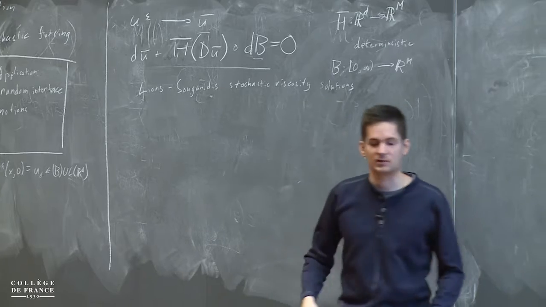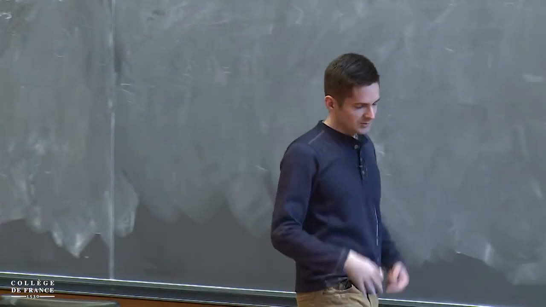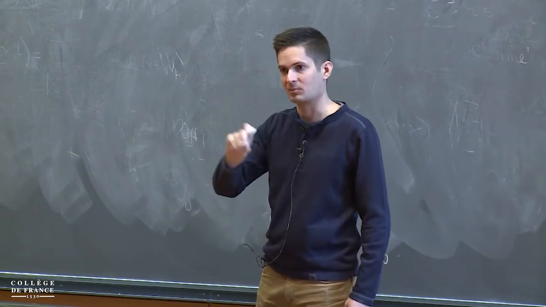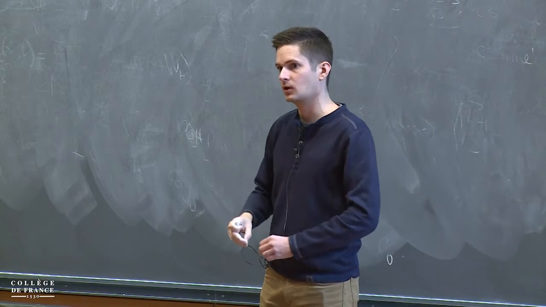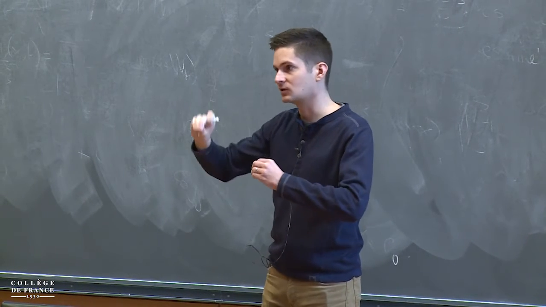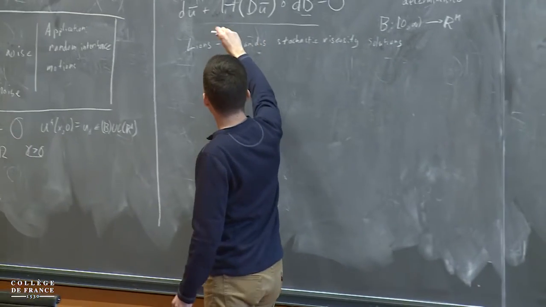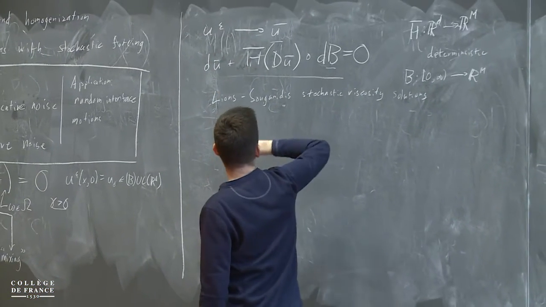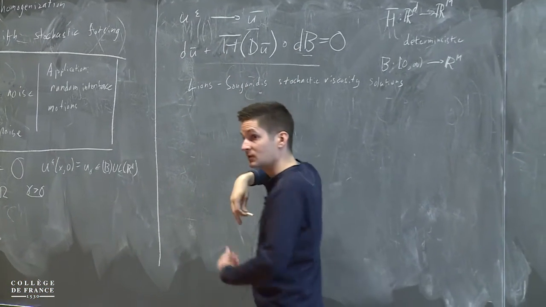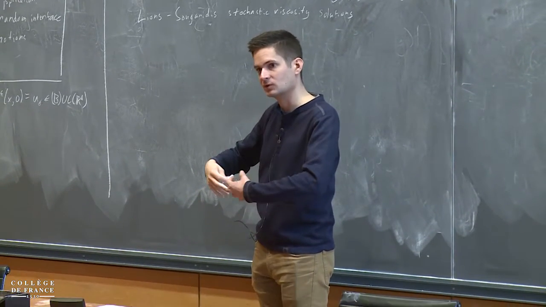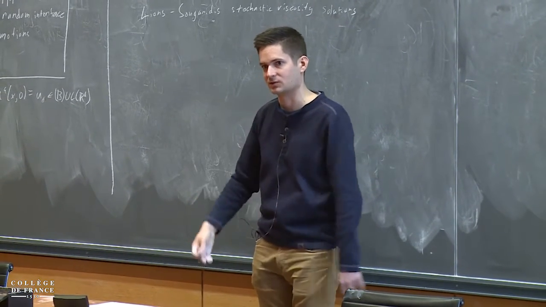Of course, another name for these solutions are pathwise viscosity solutions, because I can define them path by path. So for every Brownian path, or indeed any fixed continuous path, there is a solution that I can come up with for this, and I can obtain it, for instance, by approximating the path by smooth paths and taking the limit of the classical viscosity solutions.